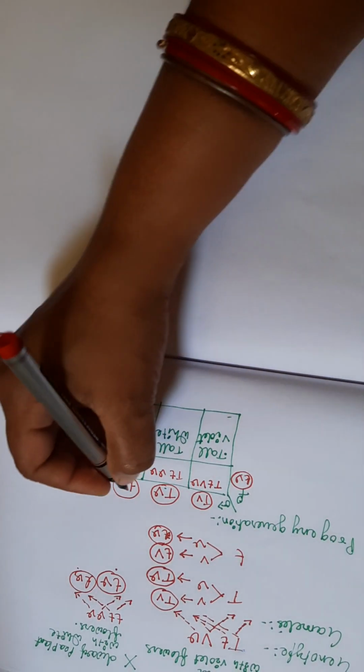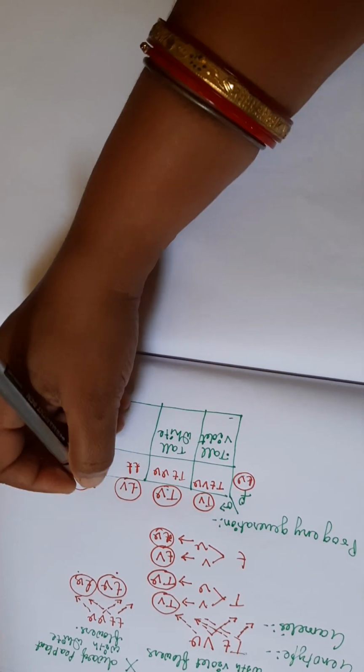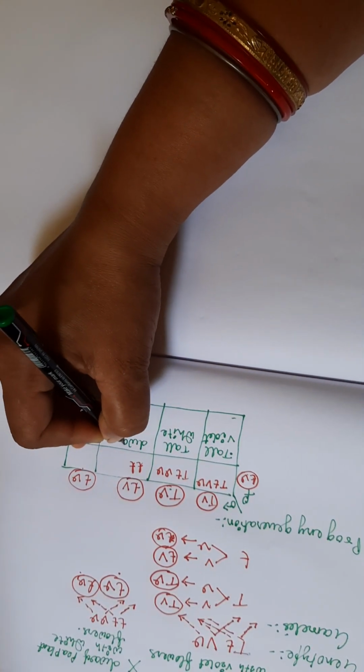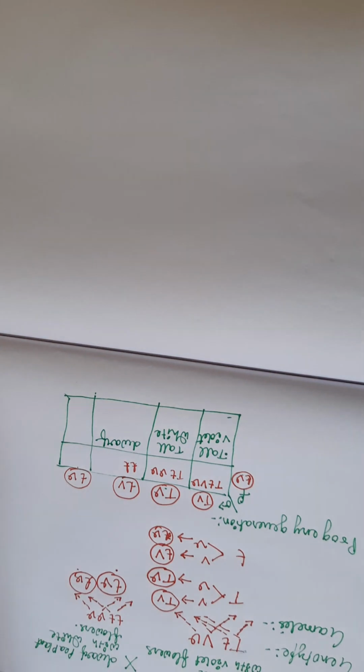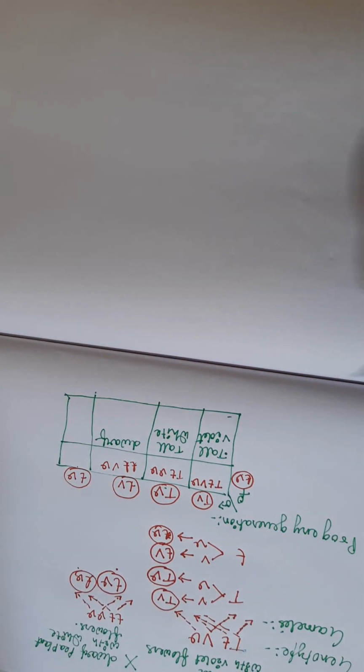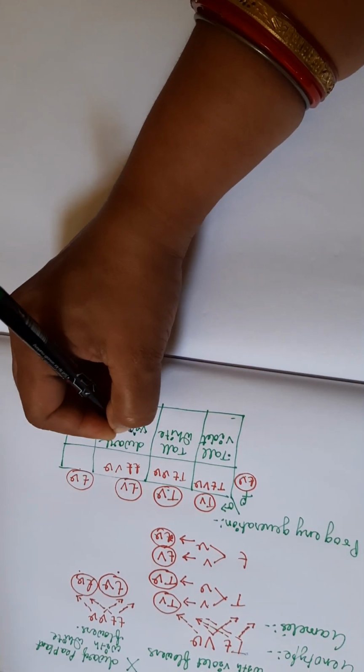Now if this pollen grain fertilizes this ovule, then small t will come together, expressing the phenotype of dwarf, and capital V, small v coming together will express violet.